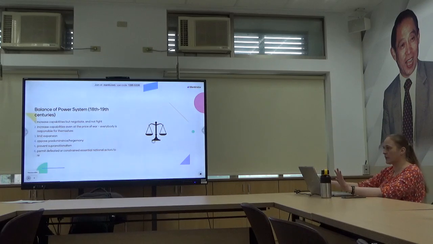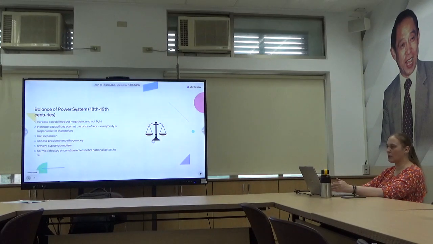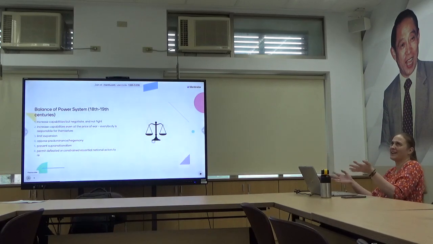And number 6, the 6th point is permit defeated or constrained essential national actors to re-enter. Okay, so anyway, national actors in this text means countries. So if a country does not behave well, after they start behaving well, they can come back into the system, basically. So, for example, after a war, if a country starts a war and doesn't behave well, then basically it's out of the system.